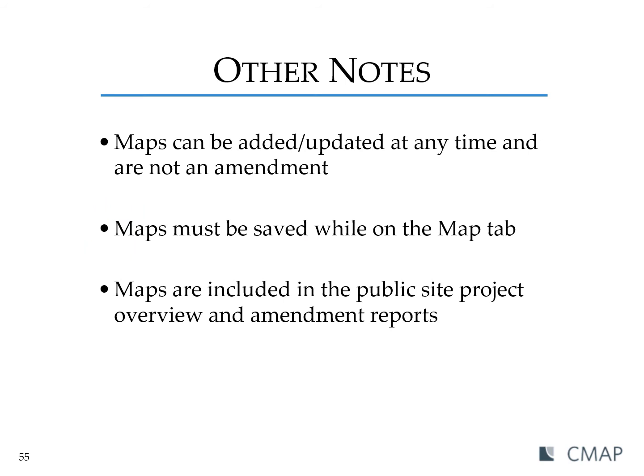Some other notes here: maps can be added and updated at any time and are not an amendment. Maps must be saved while on the Map tab, and maps are included in the Public Site Project Overview and Amendment Reports. It may seem like we spent a lot of time talking about mapping.